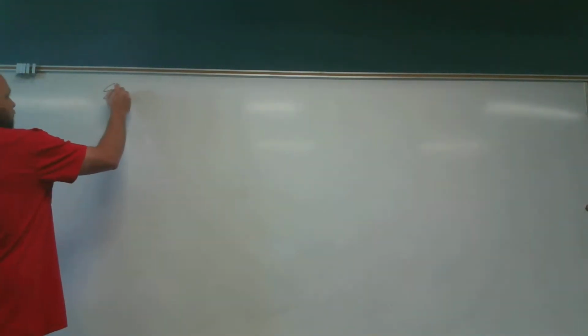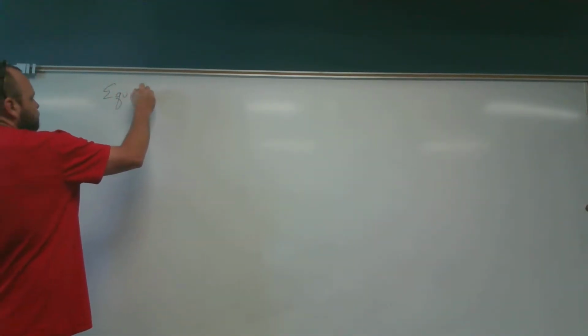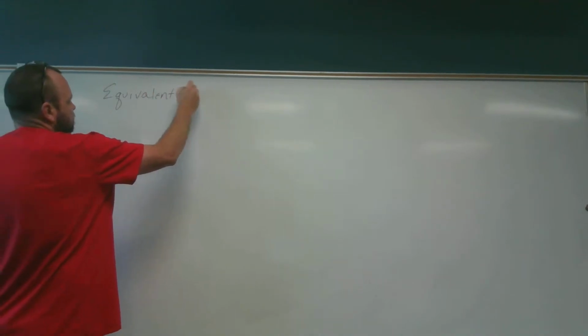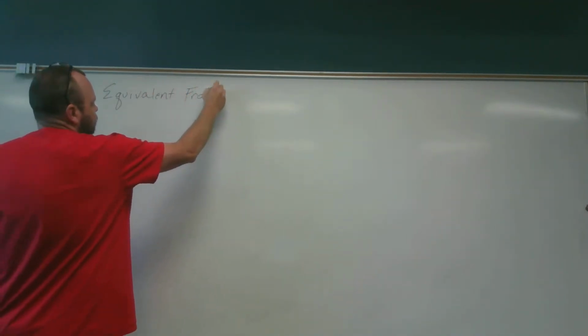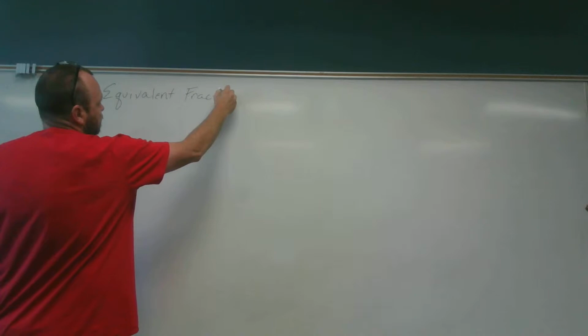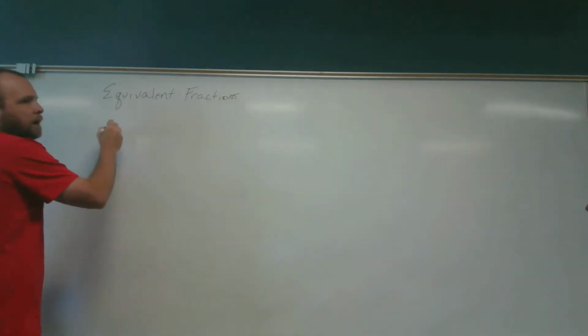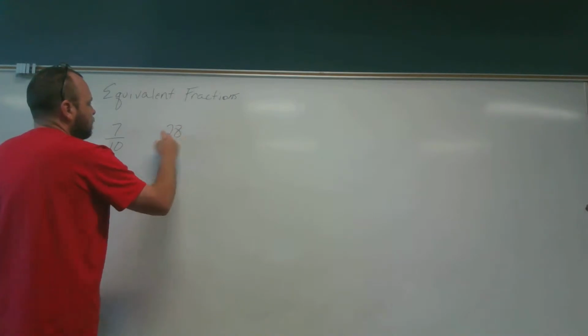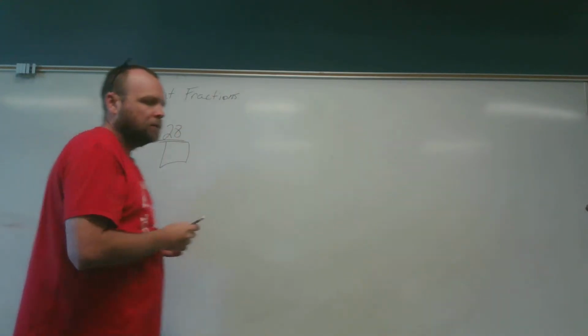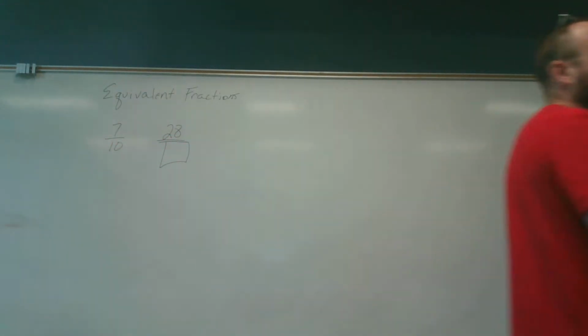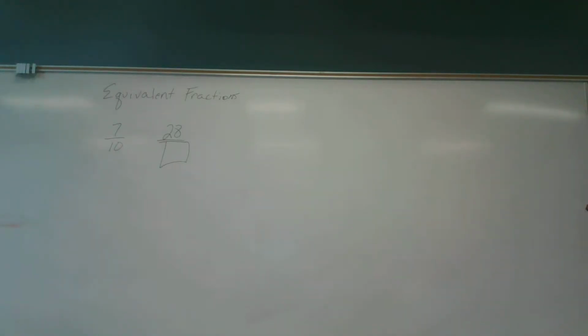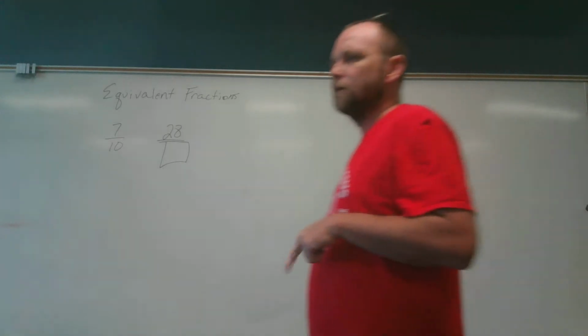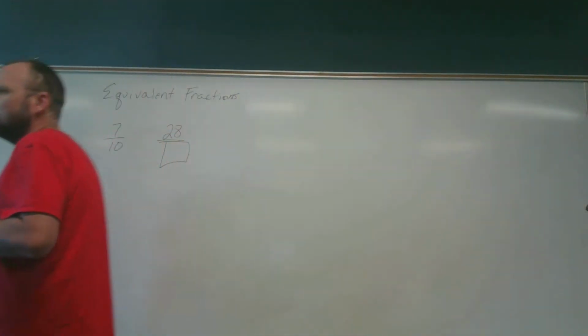That is kind of like what you had to do on the task cards, where you had one fraction. They gave you part of the second fraction, and then you had to find what that part was. So that's going to be the first part of what you do today.